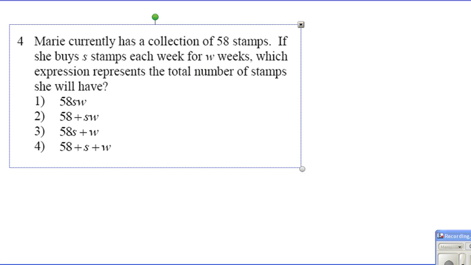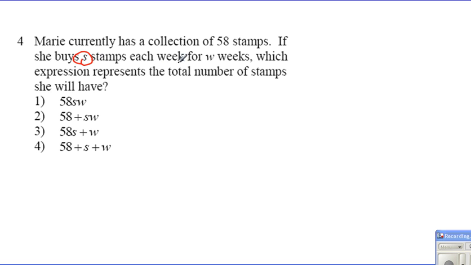Alright, let's get going. Number 4. Marie collected 58 stamps, and she buys S stamps each week, so the value of S keeps adding on week by week for W weeks. As of now, she has 58.